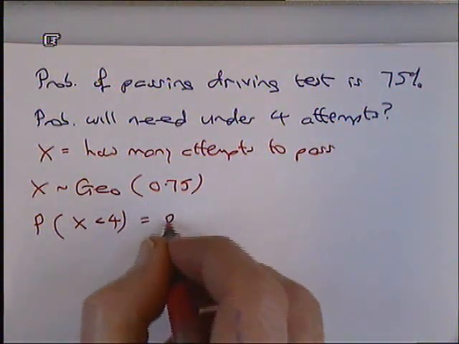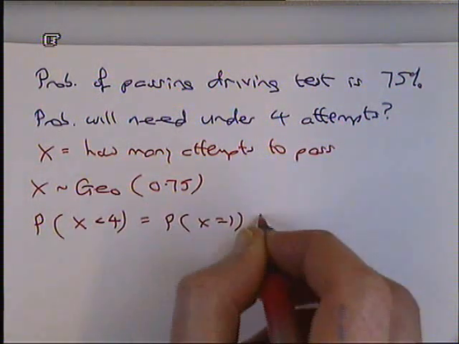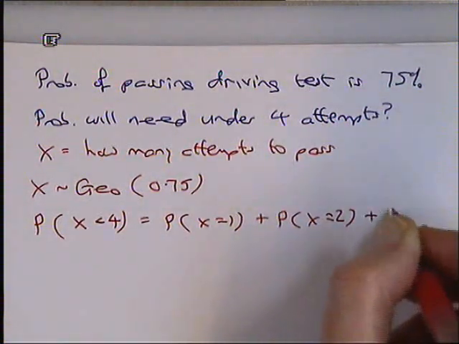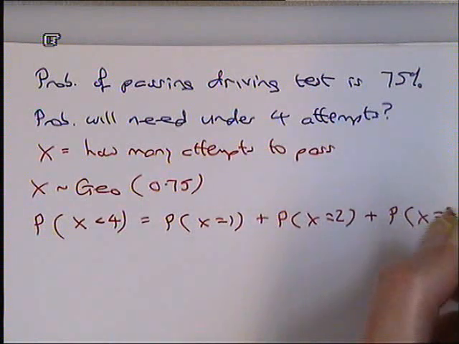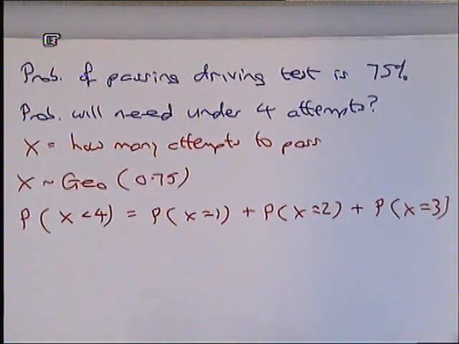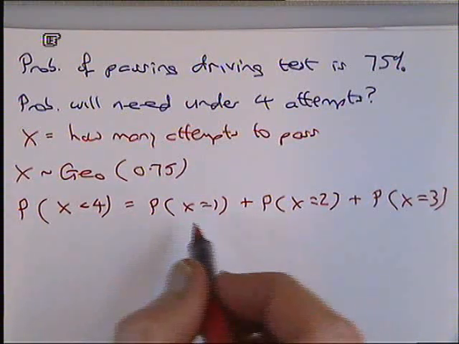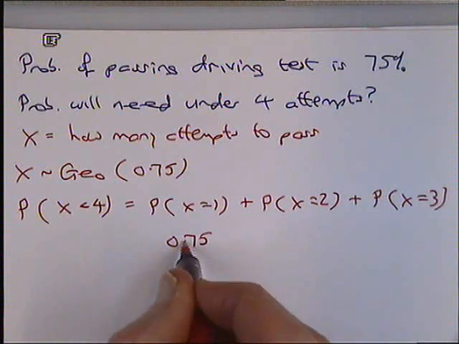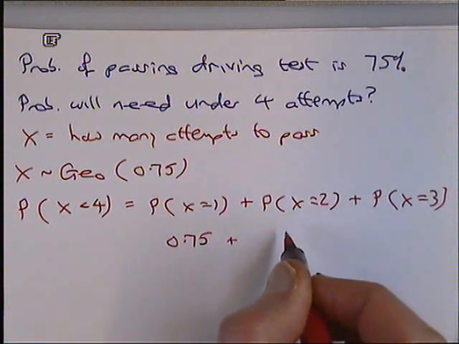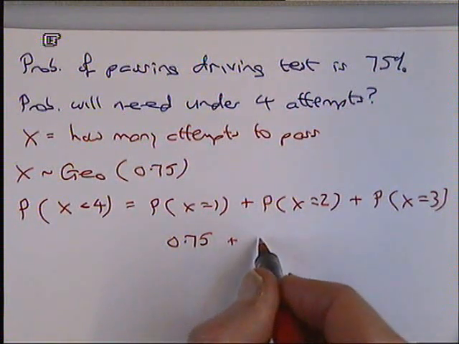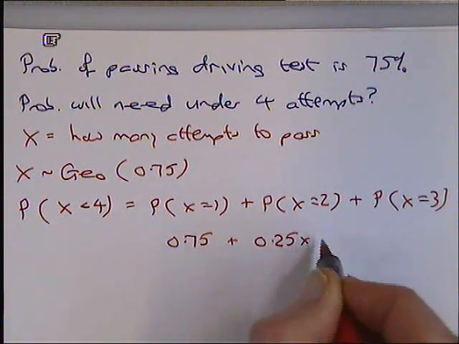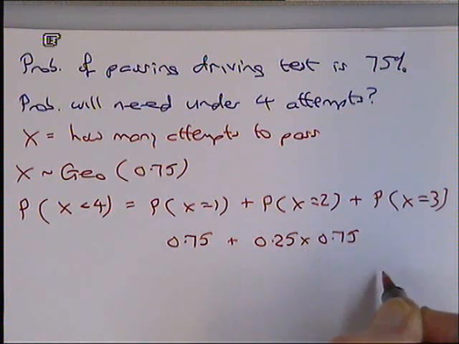X is less than 4 means they pass on their first attempt, or, so we'll add, they pass on their second attempt, or, so we'll add the probability they'll pass on their third attempt. Probability they pass on their first attempt is just 0.75. On their second attempt, that is 1 failure, so that's the 1 minus p, and then their success.